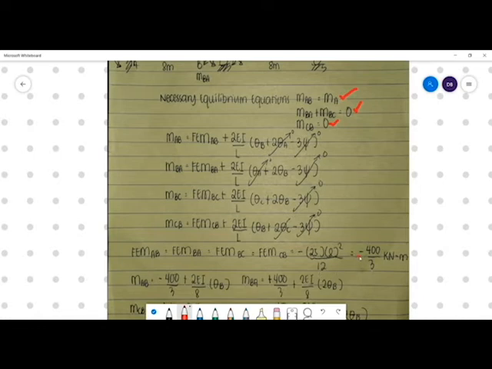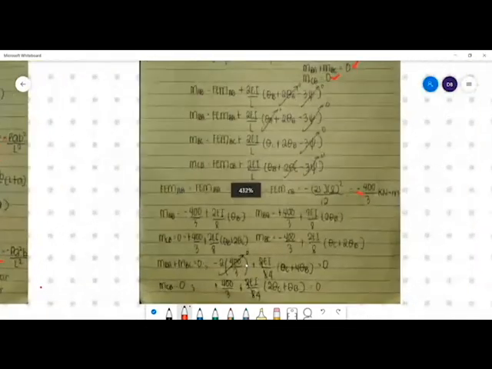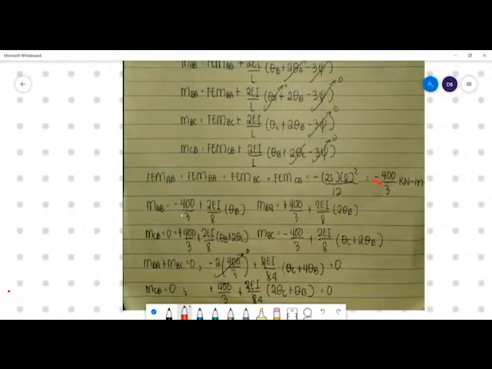By the way, the sign convention for our fixed end moment will depend on whether it is clockwise or counterclockwise; the equilibrium sign convention will be followed. Therefore, at point AB, that is negative 400 over 3 plus 2EI over 8 times theta B. MBA, on the other hand, is 400 over 3 plus 2EI over 8 times 2 theta B.